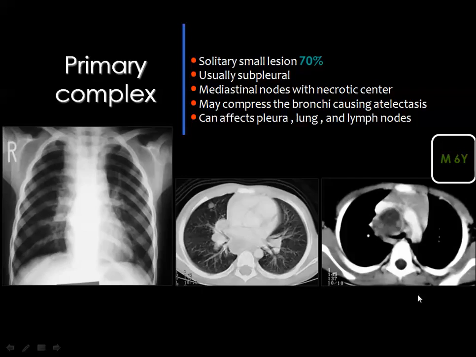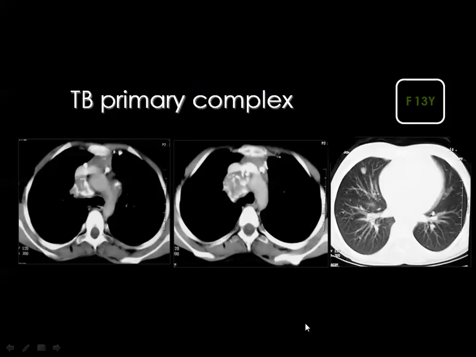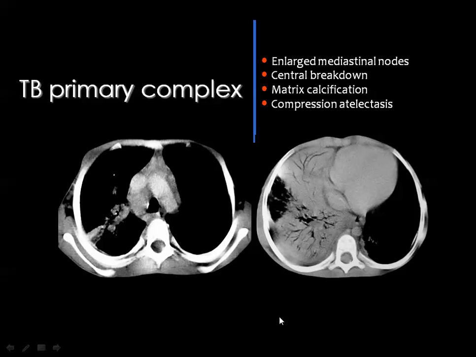Then this is also another example. You see here a pulmonary nodule in the middle lobe, and you see nodes, the prevascular lymph nodes, the retrocaval lymph nodes. These nodes are containing calcium, and this is one of the supportive diagnostic criteria for tuberculous lymphadenopathy.